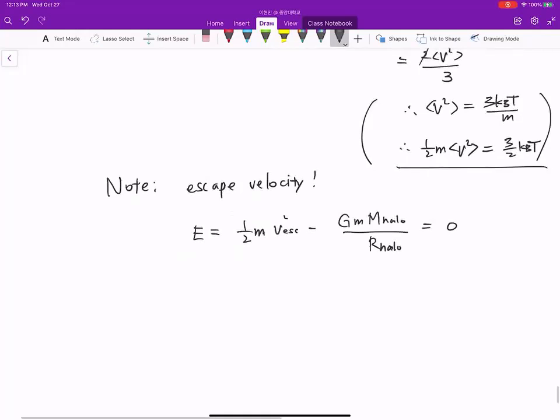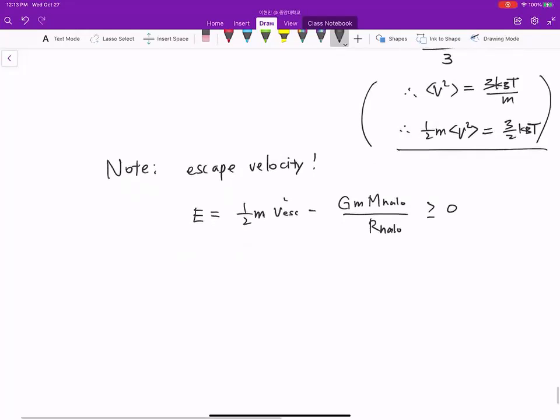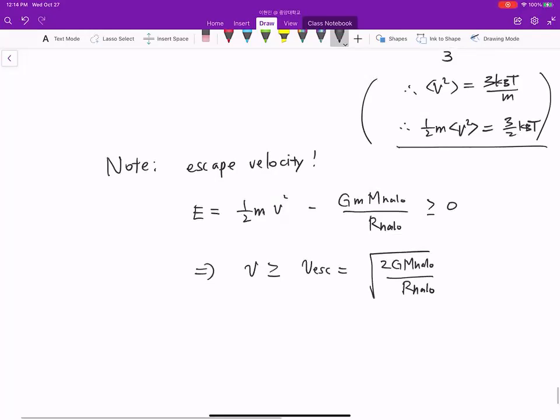If the total energy is greater than zero, then it will escape. The escape velocity is defined this way, in terms of the halo mass and the halo radius.